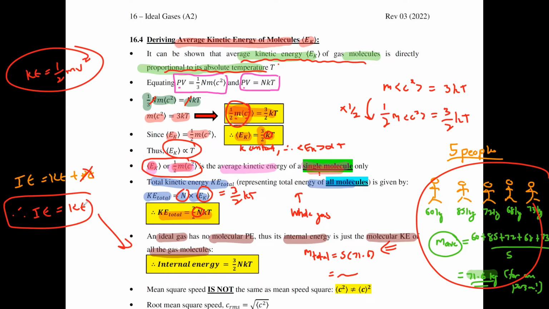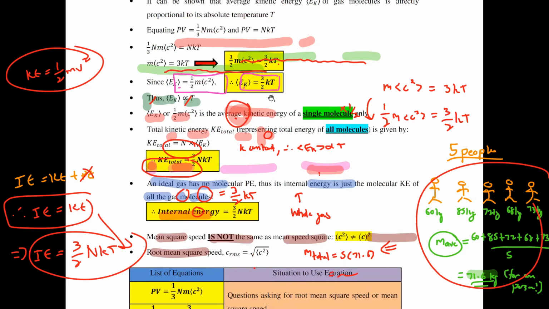So if IE is just the KE, that would mean that internal energy is 3/2 NkT. That's why I can say this also: the internal energy of your gas molecules is actually 3/2 NkT, because this one is talking about the kinetic energy only, which I already found out from the previous part of the notes. Okay, this one is the last complicated thing that you need to remember.